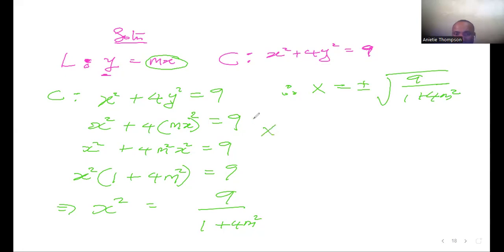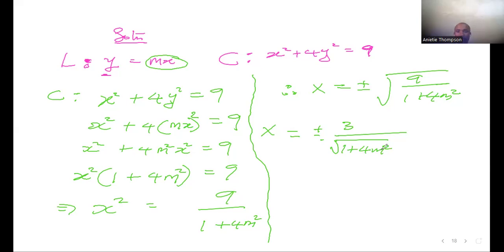That means x is equal to plus or minus 3 over the square root of 1 plus 4m squared. Remember, we mostly use alpha and beta to denote different roots, because we have two roots here, the one with the plus and the one with the minus.